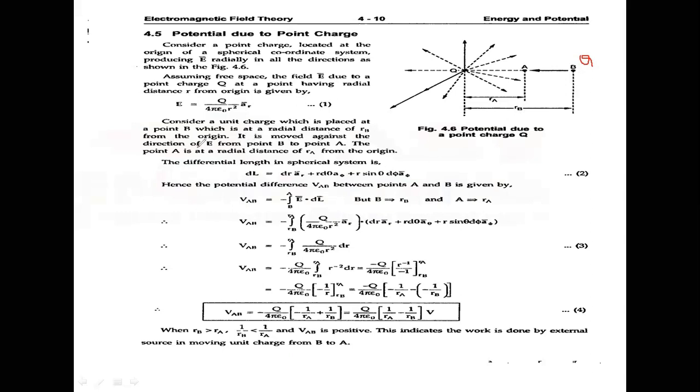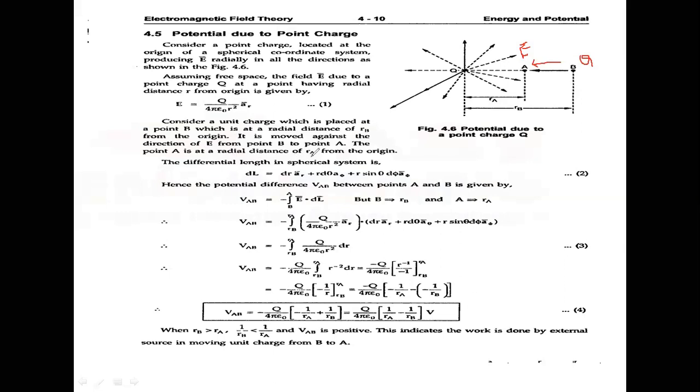It is moved against the direction of E bar. The direction of E bar is radially outward here, and you move this charge against the direction of E bar from point B to the point A. The distance of point A from the origin is R A, and the distance of point B from the origin is R B.